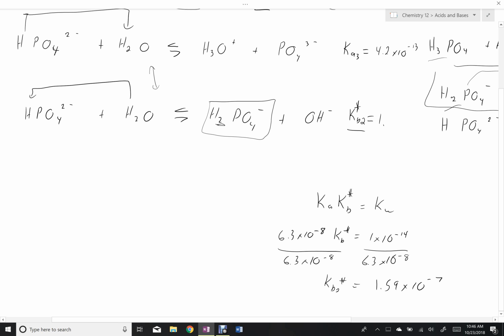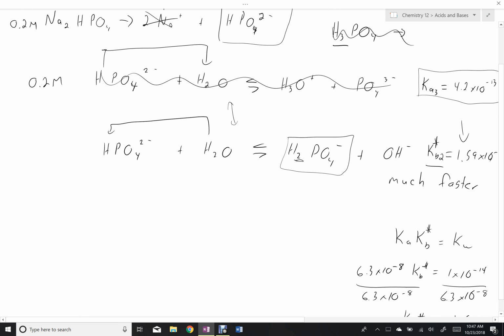So this guy is 1.59 times 10 to the negative 7. That means that this one down here is about 1,000,000 times bigger than that number. So this reaction is much faster. If we consider these two things, this reaction's happening not super fast, but way faster than this reaction. And since this number is very low, this reaction doesn't really matter.